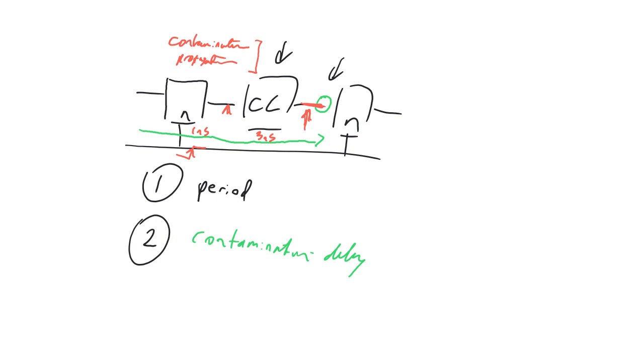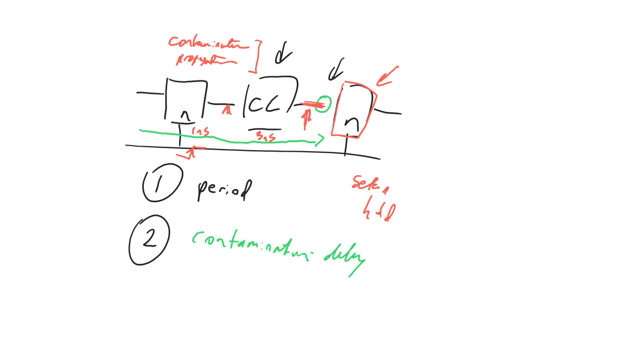And so, roughly speaking, provided this flip-flop is able to photograph its input within 4 nanoseconds of the rising edge of the clock, then everything will be fine. Now, to be precise, when must this flip-flop take a photograph? Well, that's what the setup and the hold time are telling us.